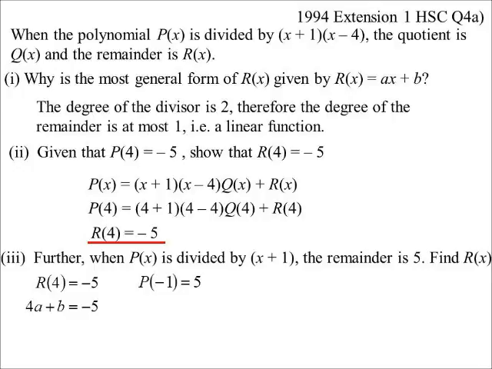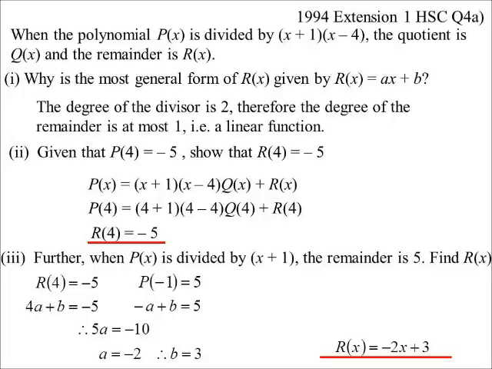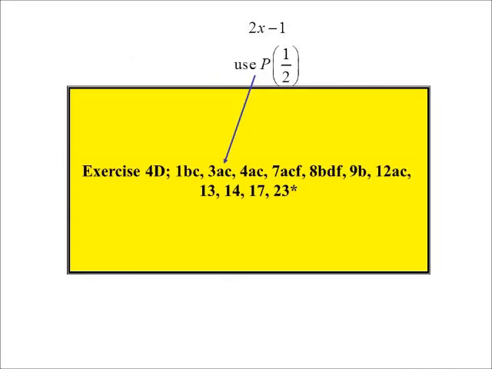We know P(negative 1) will be 5 from our remainder theorem. So minus a plus b is equal to 5. Simultaneous equations, and we get a is negative 2. Now what's b? b is 3. So therefore, the remainder is minus 2x plus 3. All right. There we do. 4D.